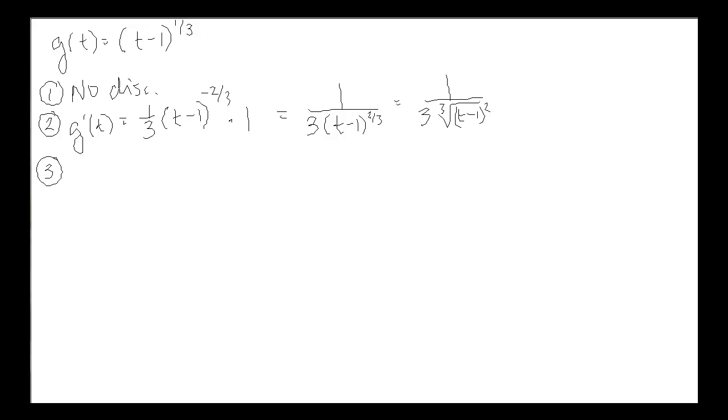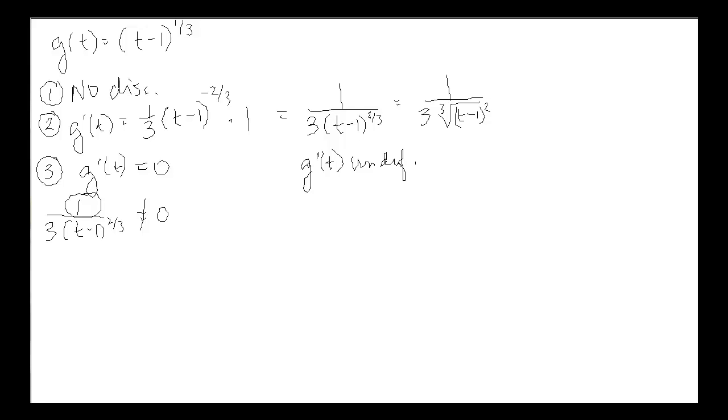All right, step 3. Where is g prime 0? And where is g prime undefined? Okay, so that means where is 1 over 3 times t minus 1 to the 2/3 equal to 0? Well, we said that's when the numerator is 0, but 1 can't be 0.